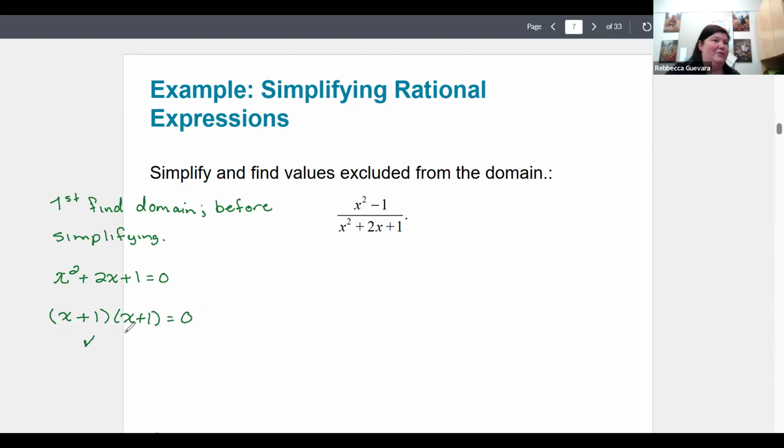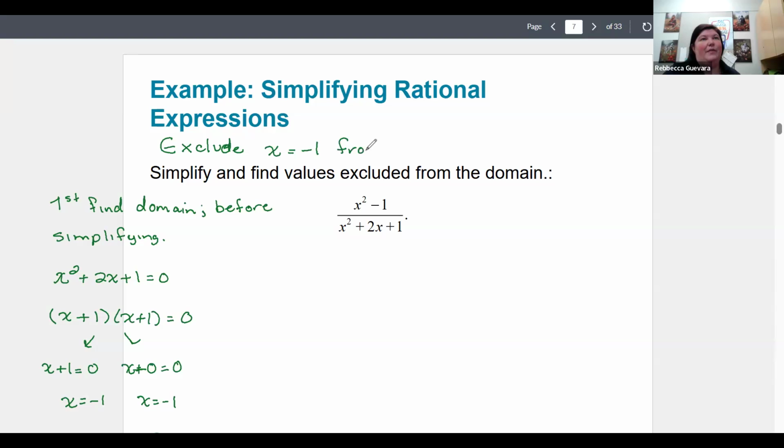So my choices are either x plus 1 equals 0 or x plus 1 equals 0, which is going to be the same factor. And we're going to get, well, if x is -1, the denominator will be 0. So we're going to exclude x equals -1 from the domain.